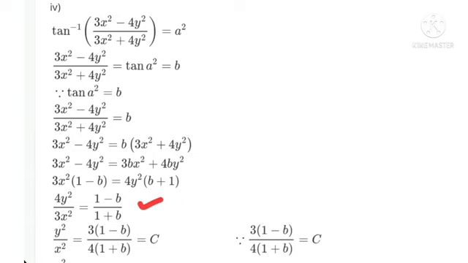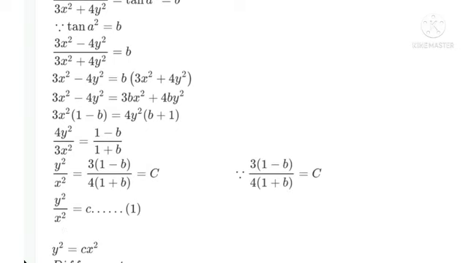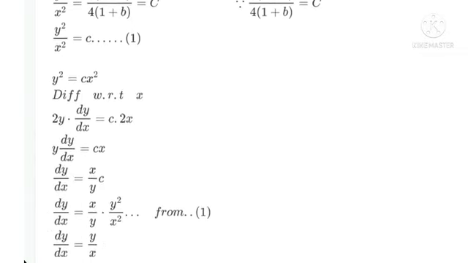So we get y square upon x square is equal to 3 into bracket 1 minus b upon 4 into bracket 1 plus b, which is equal to, suppose, c. Okay. So we get the value of c as 3 into bracket 1 minus b upon 4 into bracket 1 plus b. So we get y square upon x square is equal to c. That is, y square is equal to c x square.